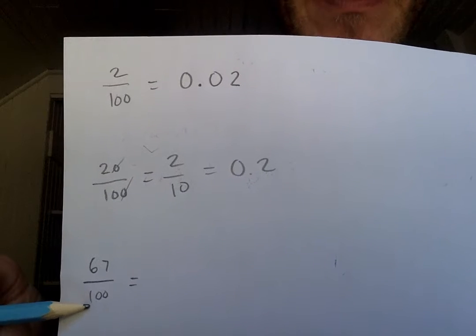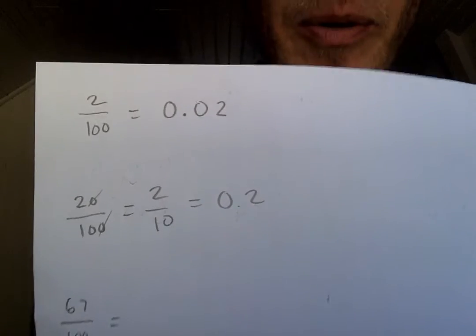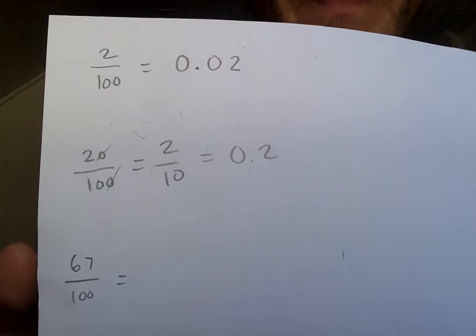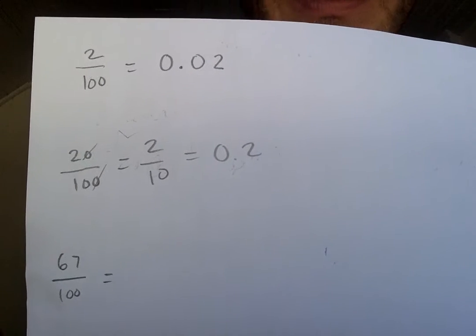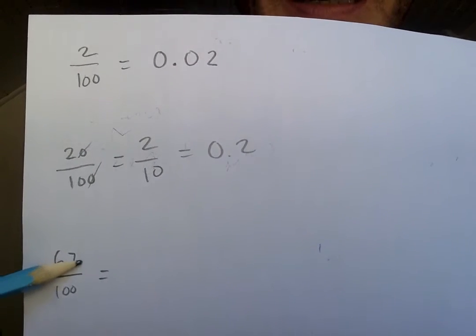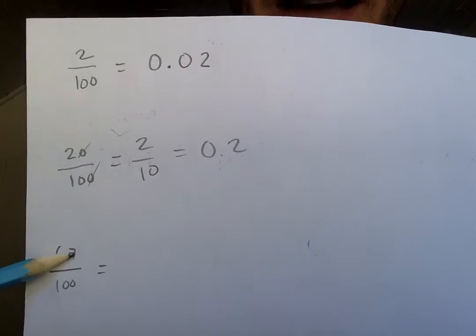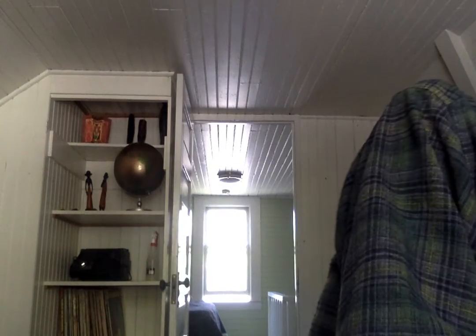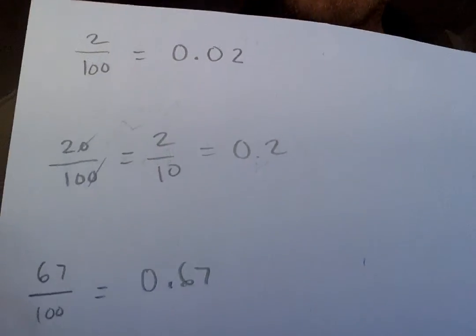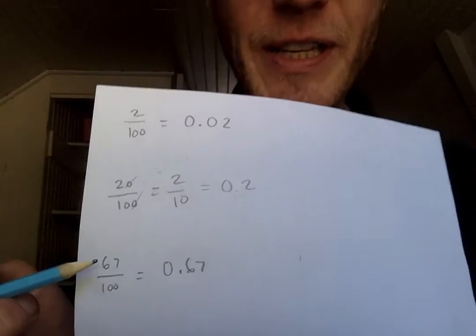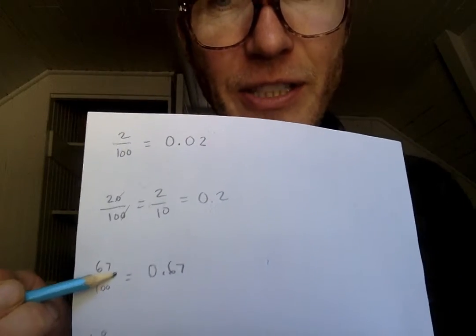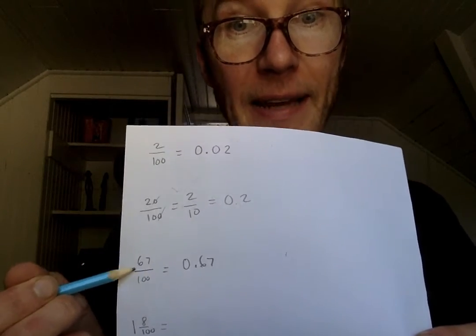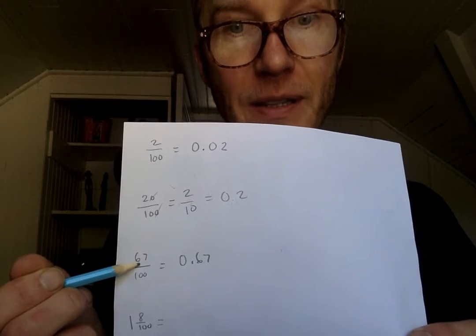What about this one? 67 hundredths. It's going to be 0 point something, right? Because it's less than 1. So it's going to be 0.67. The 7 is going to be in the hundredth spot. So if you see that there are 2 digits like that, 67 is 2 digits, you know you've got a tenth spot and a hundredth spot.